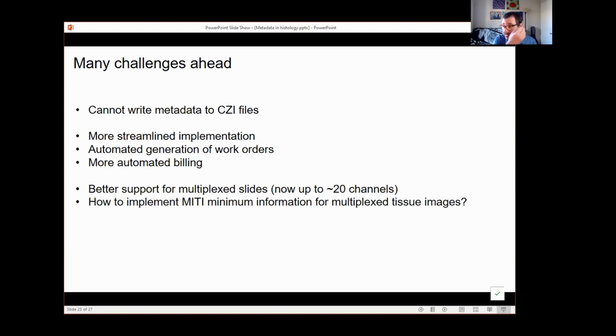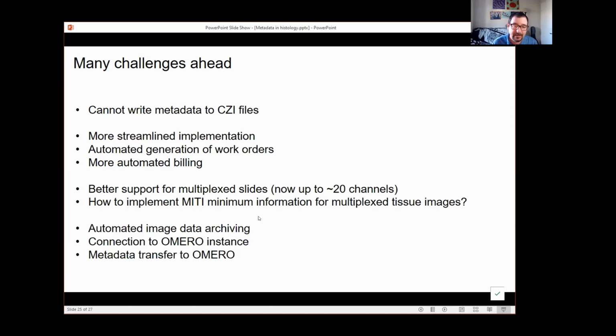And what we do now is essentially we say, okay, this is panel A1, this is panel B2, and we save that. But there is a lot more that these good people from the MITI Consortium are asking for, and I have no idea. We want more on automated image data archiving. We have an OMERO instance, but things are not connected yet. And we need some way of transferring the metadata to OMERO.